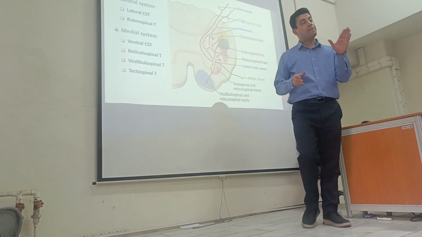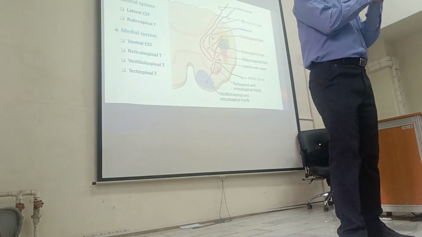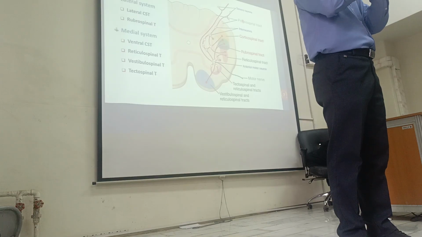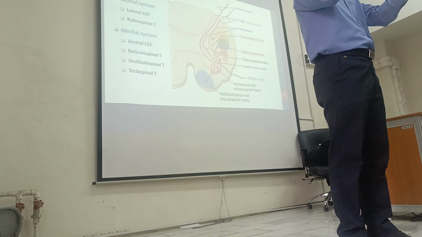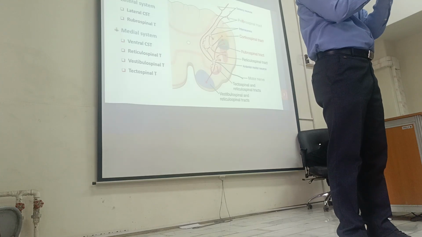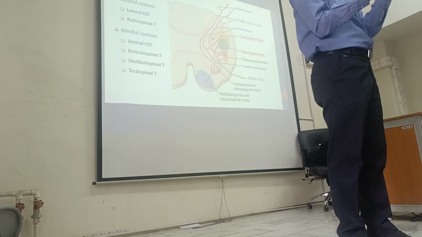So based on the lateral medial divisions I talked about before for alpha motor neurons, we have two different descending pathways. So, lateral descending pathways, medial descending pathways.